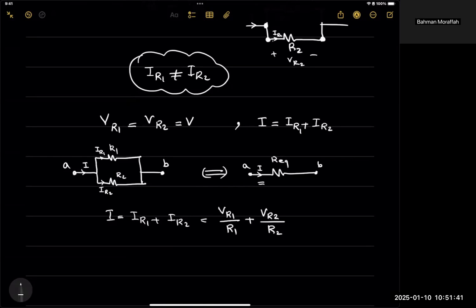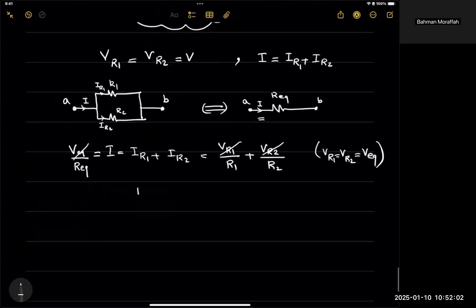So I can write this I as V equivalent divided by R equivalent. But since they're in parallel, V of R1 is the same as V of R2 and the same as V equivalent, so I can cancel these out. What I end up with is 1 over R equivalent is the same as 1 over R1 plus 1 over R2.